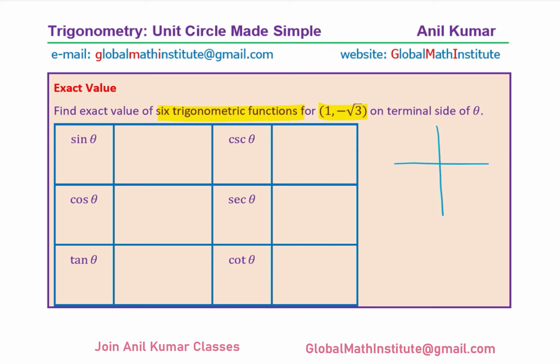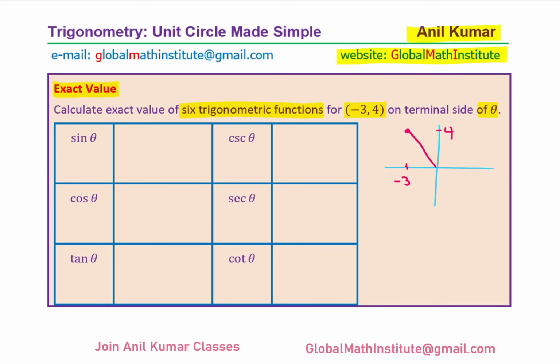We are in quadrant 3, right? So 1 and minus √3 is in quadrant 4, not 3. Okay. So there you are, somewhere here, right? So this is the point. Let's call this (1, -√3), quadrant 4. And then again find all the trigonometric ratios. So let's begin with the very first one.